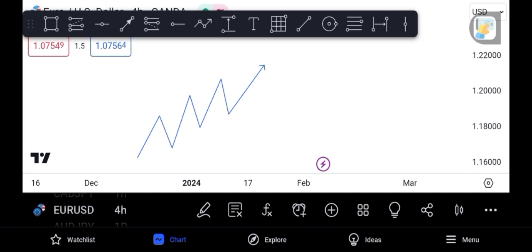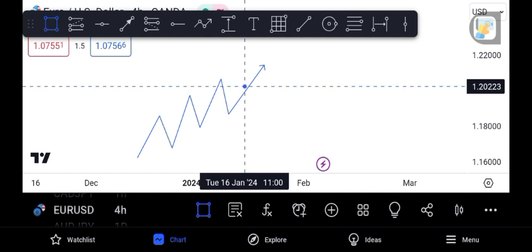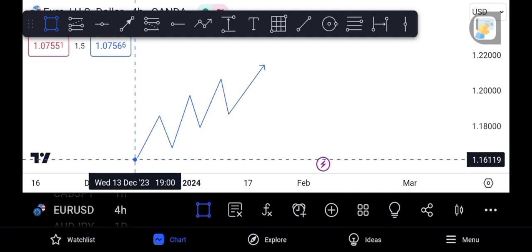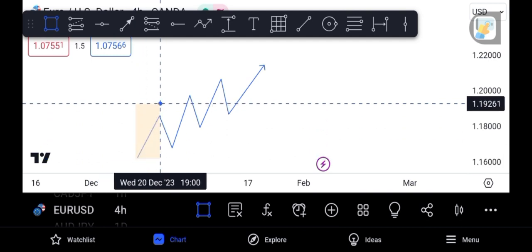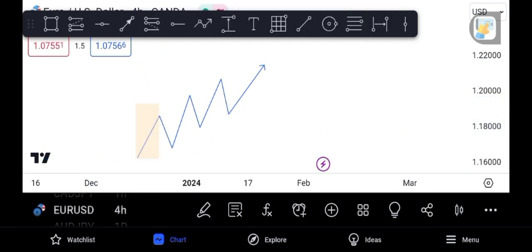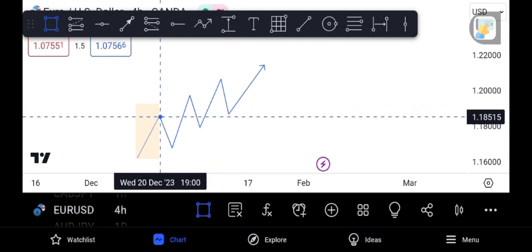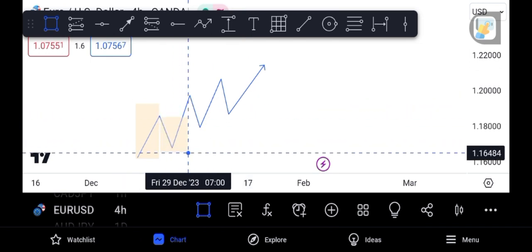In order for this to be a valid uptrend, there are some characteristics involved. The first one is that we need to have an impulse move to the upside, then a correctional move to the downside.